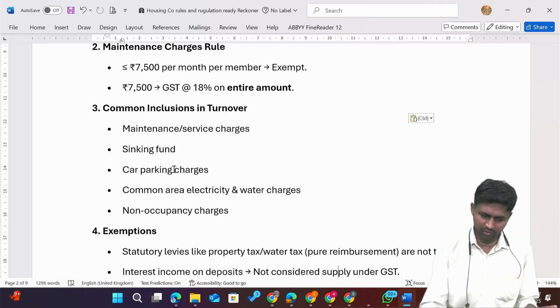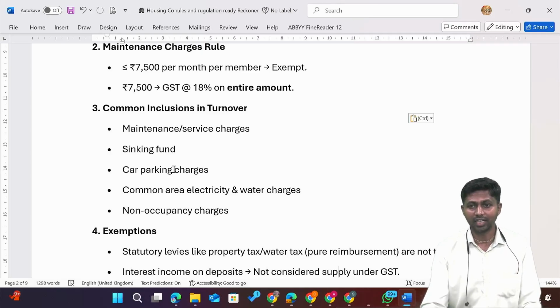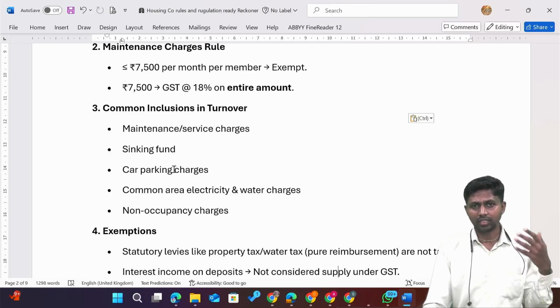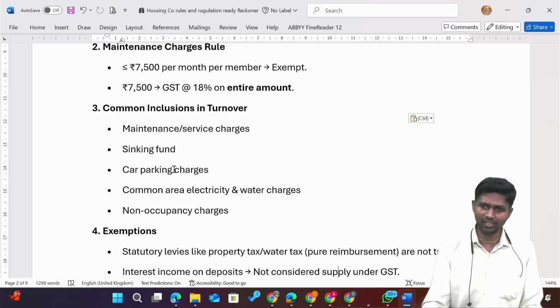Also, you are required to consider the maintenance charges amount. If that maintenance charge is more than 7,500 per month, then in that case also GST is applicable. Otherwise, GST is not applicable.